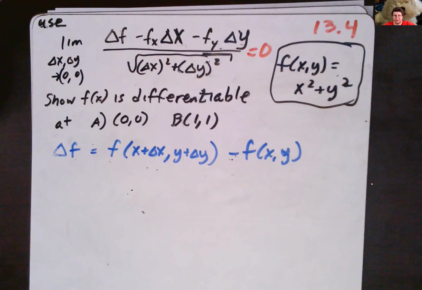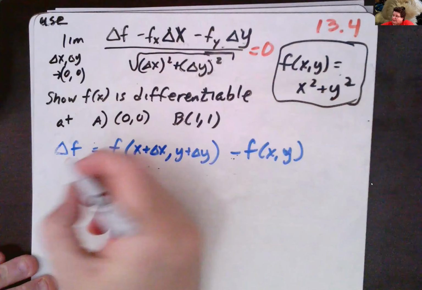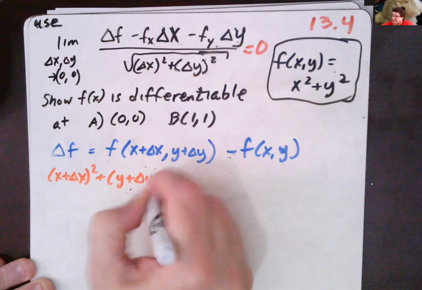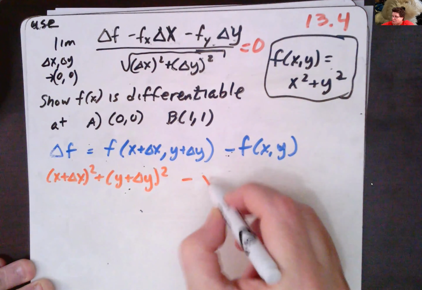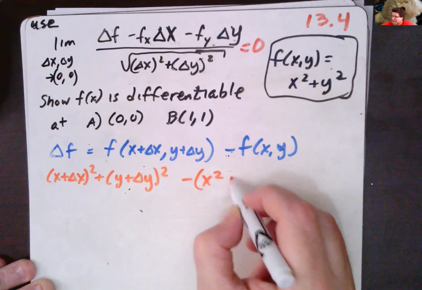So just to make sure you're getting nudged in the right direction, delta f here is x plus delta x squared plus y plus delta y squared minus x squared plus y squared.